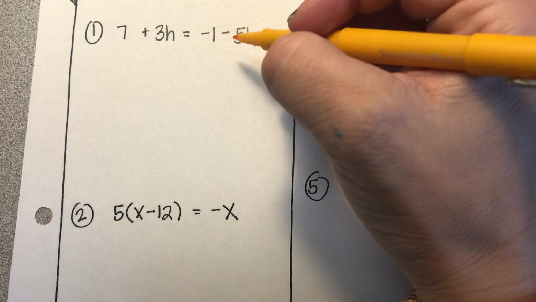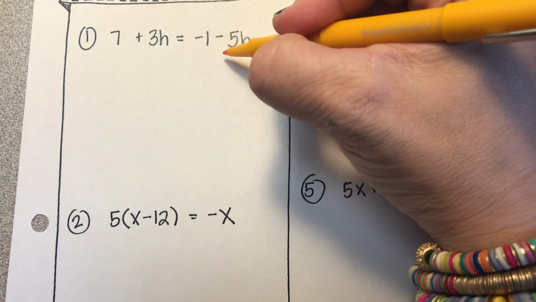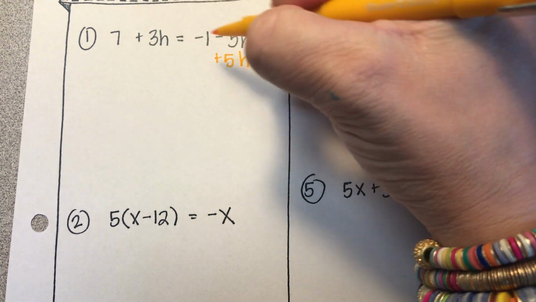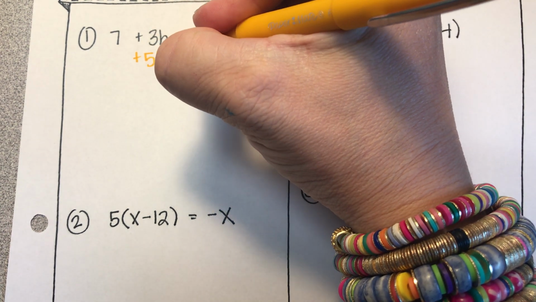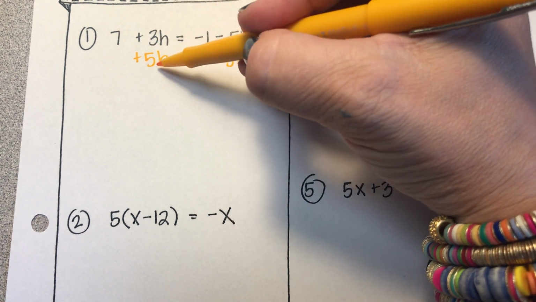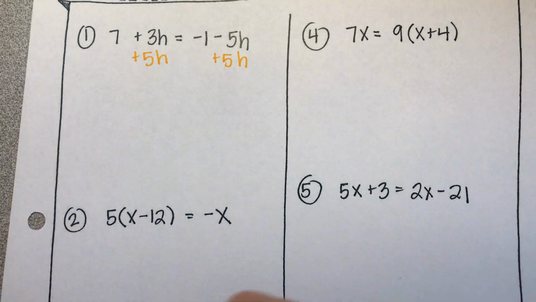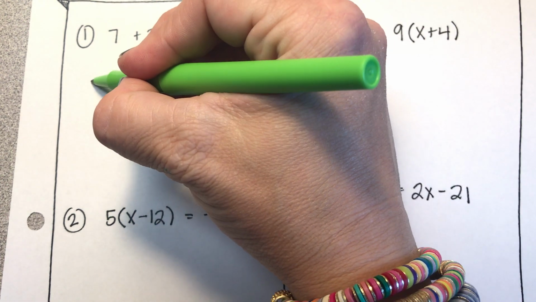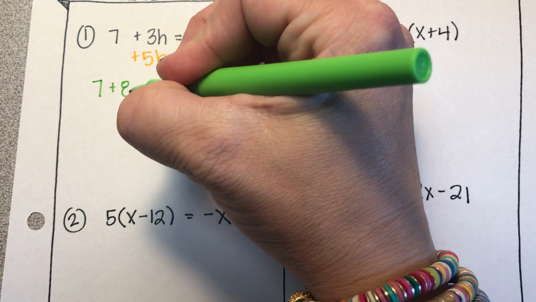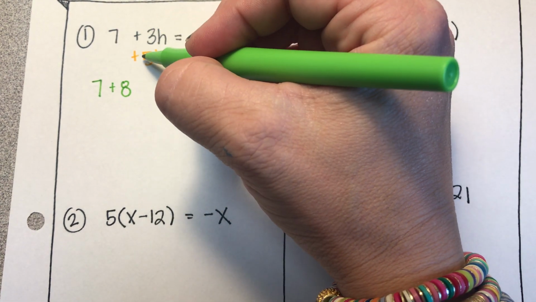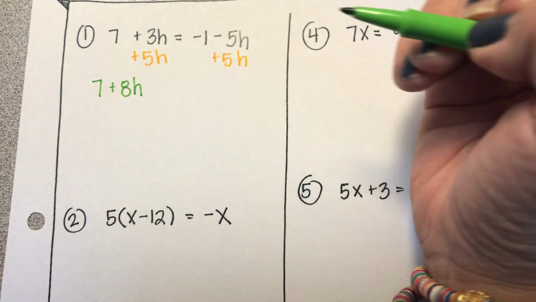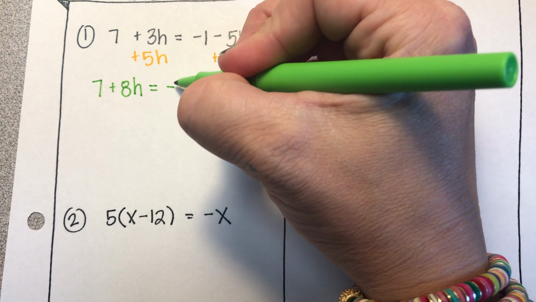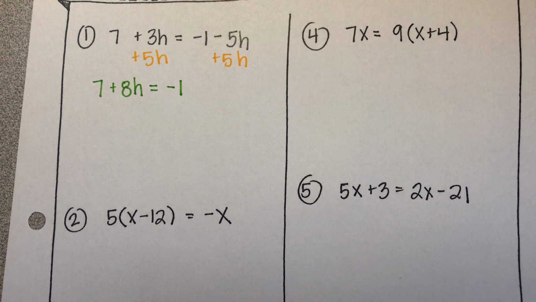So I'm going to undo subtracting 5h by adding 5h. I put it underneath here because these are my like terms. So when I combine it, that's where it's going to go. So now, over here, I have 7 plus 3h plus 5h, which is 7 plus 8h equals negative 1.